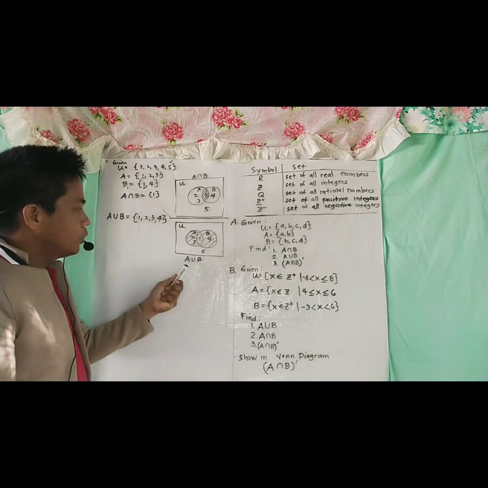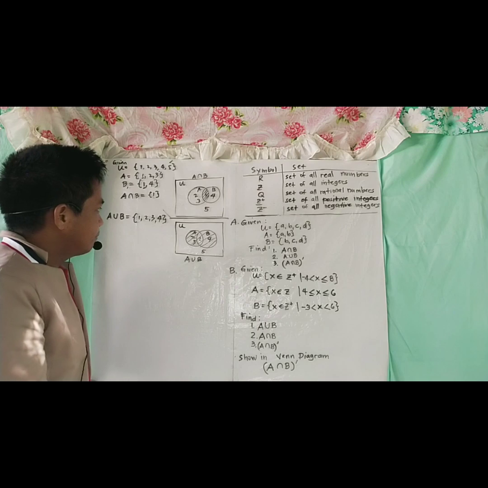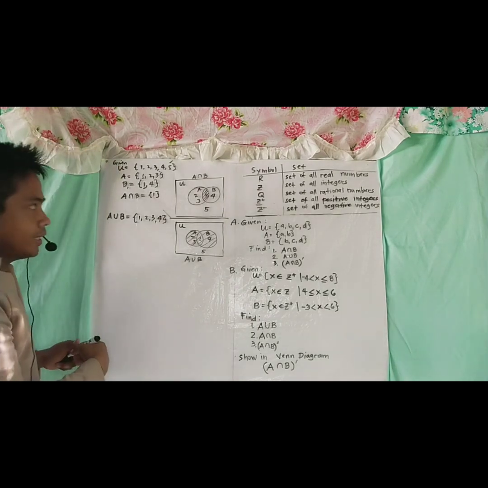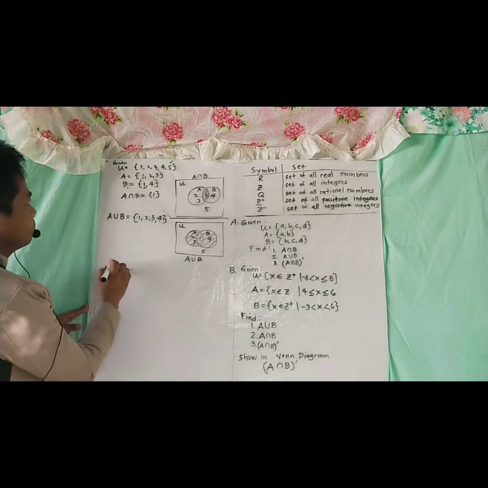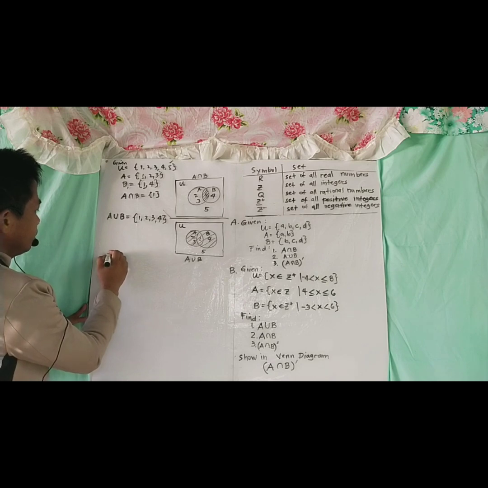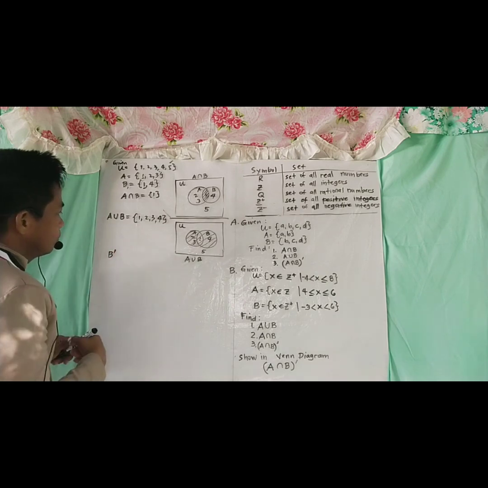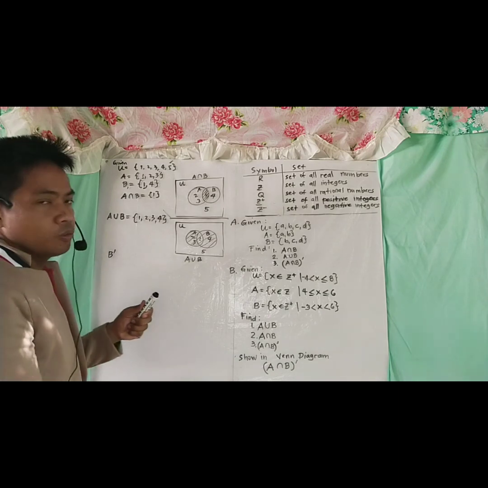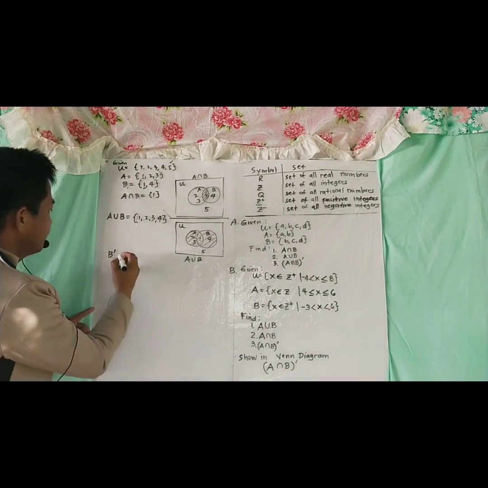Set A union B. Let's have now the complement of a set. We have B. We are going to find the complement of B. How are we going to find the complement of B?